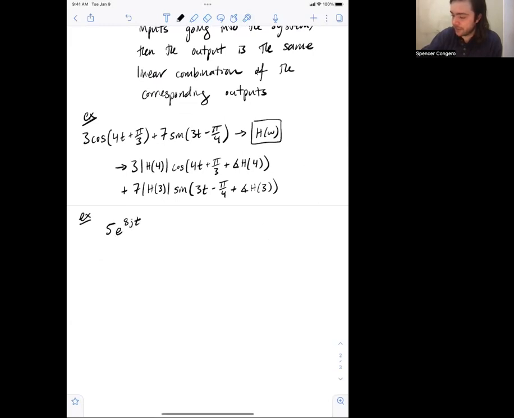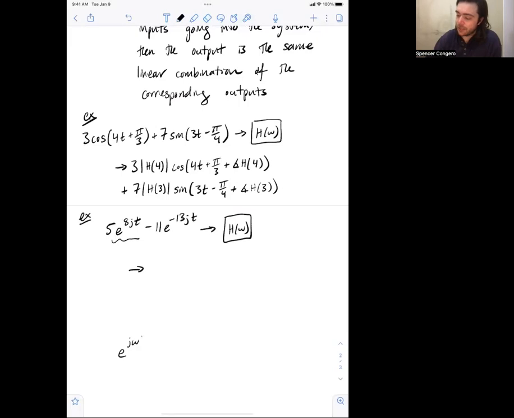So let's say I send this signal into my system. Then what do I get out? Well, we know what we get out from this complex exponential itself, right? Remember the eigenfunction video.